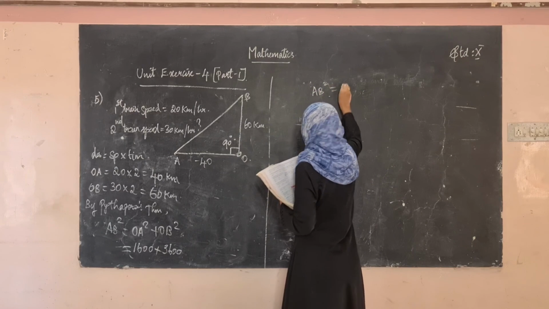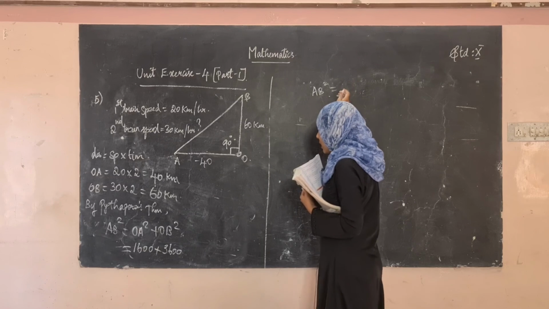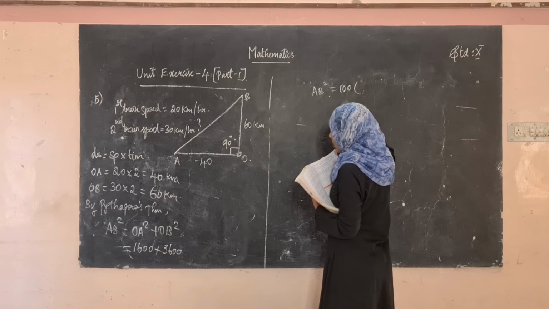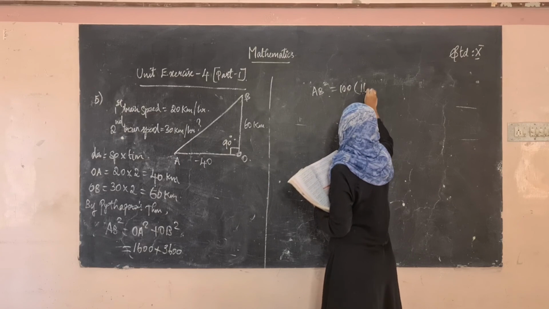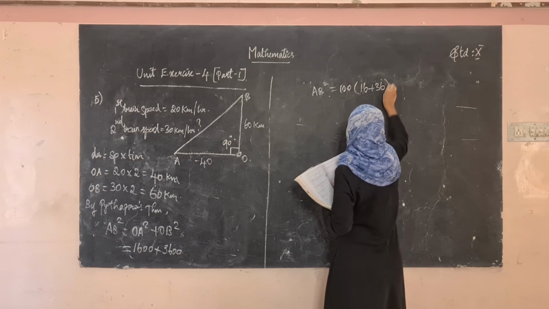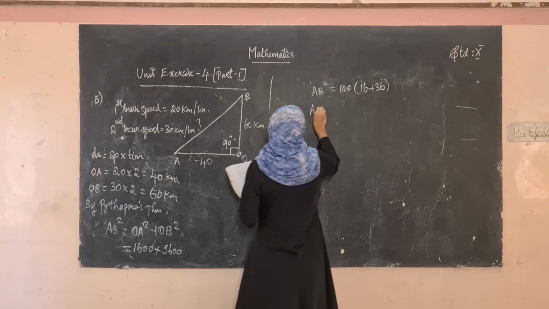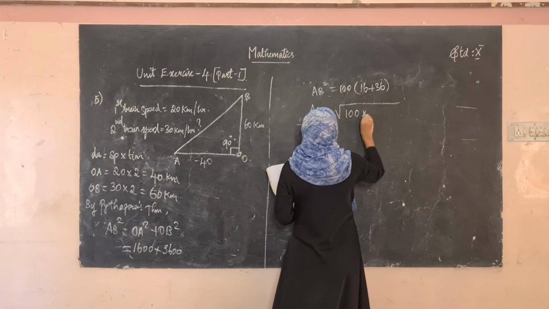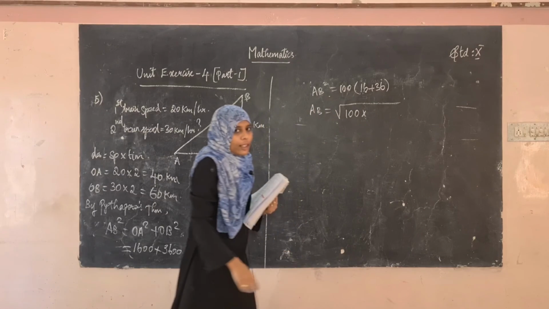Therefore, AB square is equal to, from this you can take 100 outside, from both terms, 16 plus 36. So AB is equal to square root of 100 into, we can take 4 outside, right?